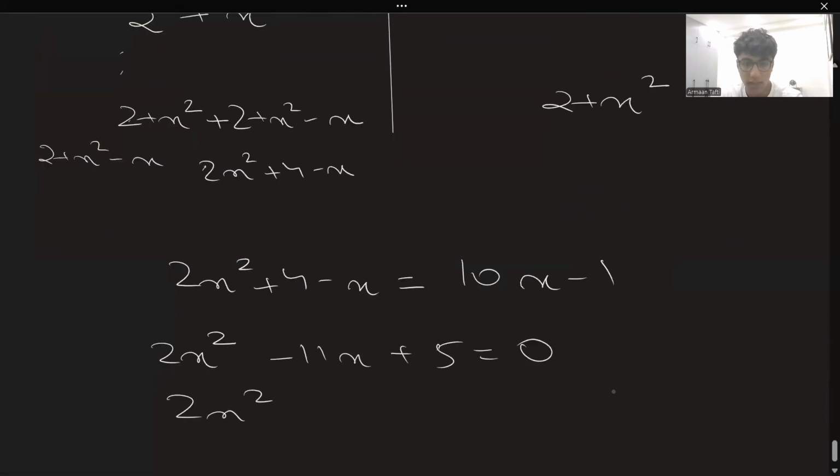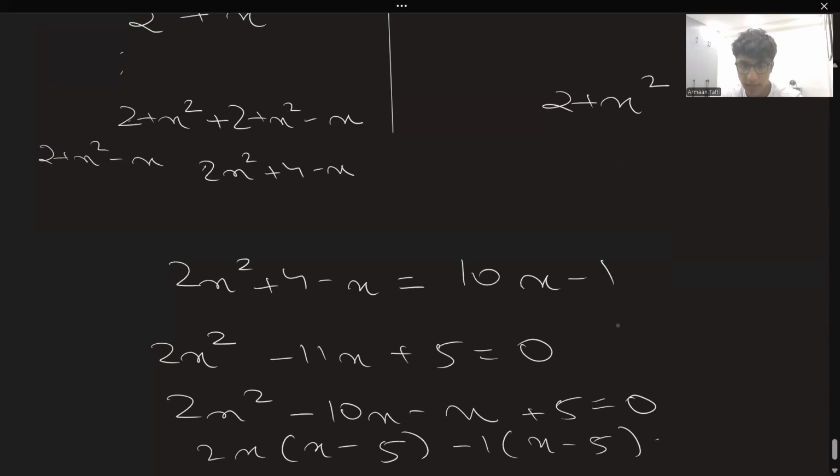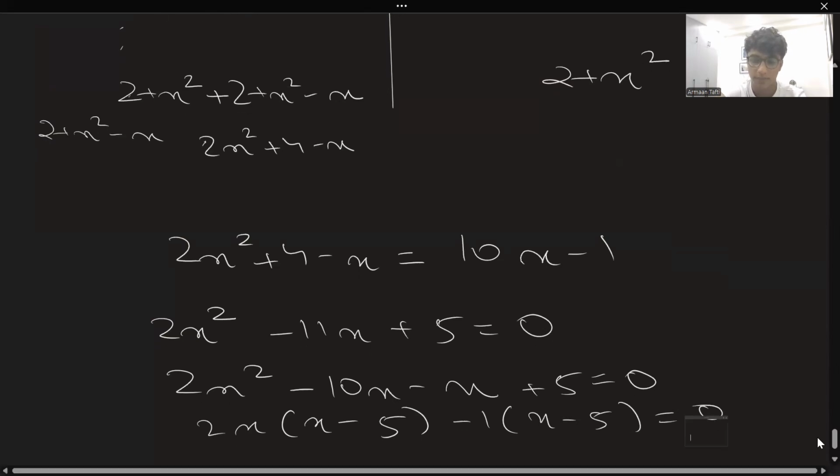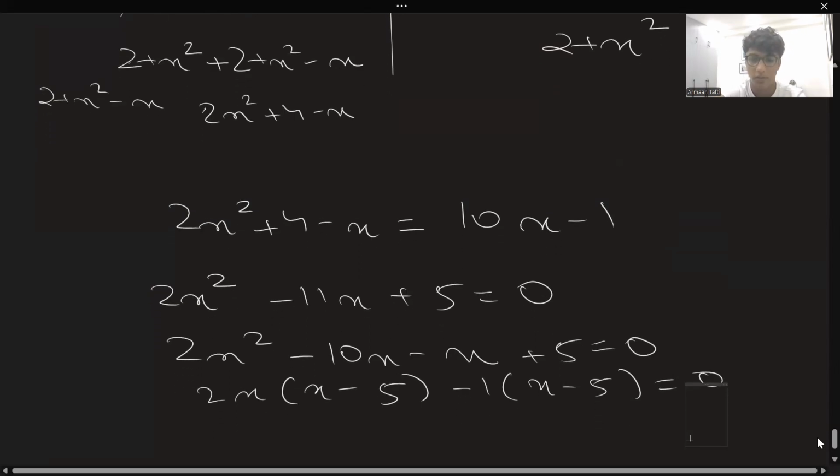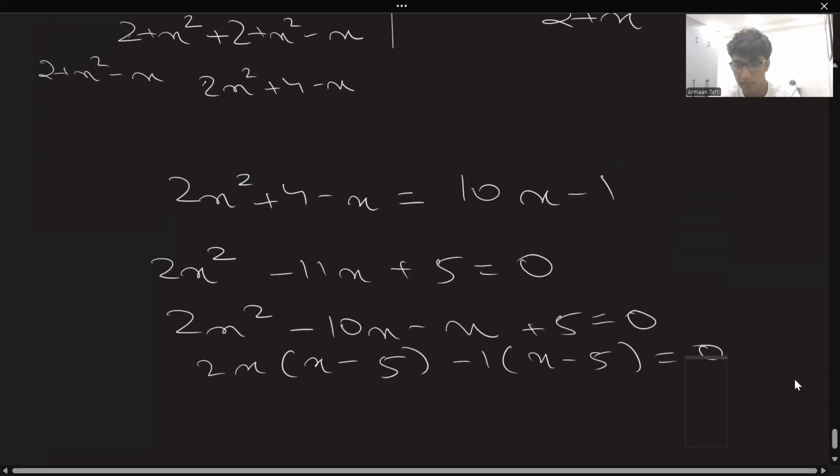Simply factorize this as 2x square minus 10x minus x plus 5 equals 0. So we have 2x common, x minus 5, minus 1 times x minus 5 equals 0.